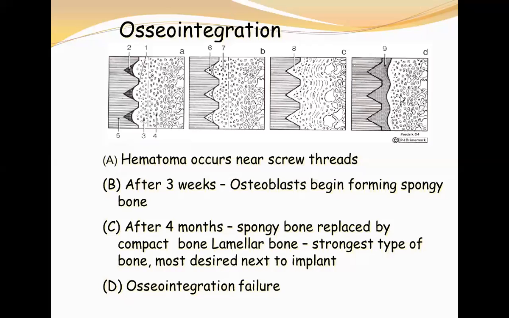There's no bone formation around this zone where we want it. So in other words, it's an osseointegration failure. That means there's no structural connection between your alloplastic material and your bone. So this is the failure of osseointegration.